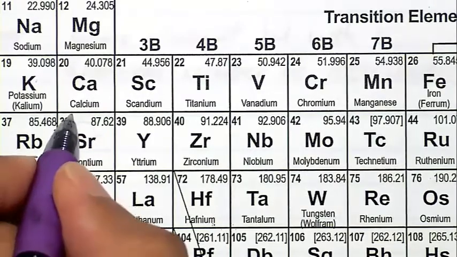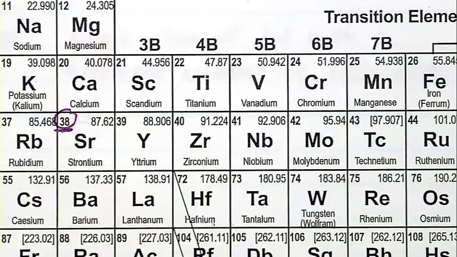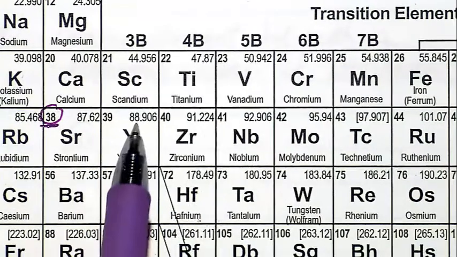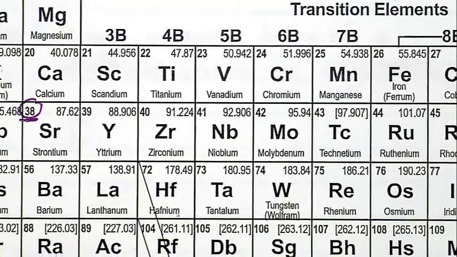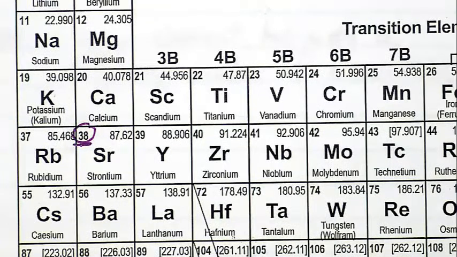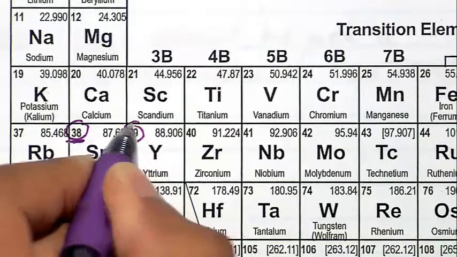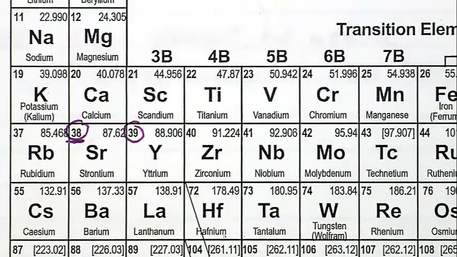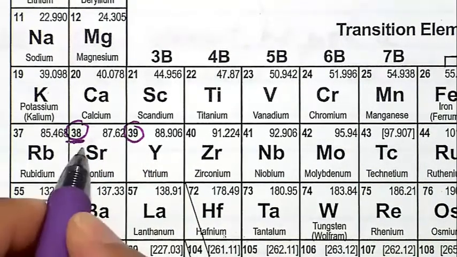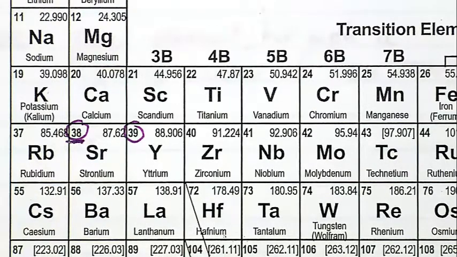So as you remember from the lecture on the periodic table, 38 and all of these numbers that are usually on the top of the periodic table, it depends on the type of periodic table and how they organize it, but this top number or the main number is actually invariant, and that number represents the number of protons.